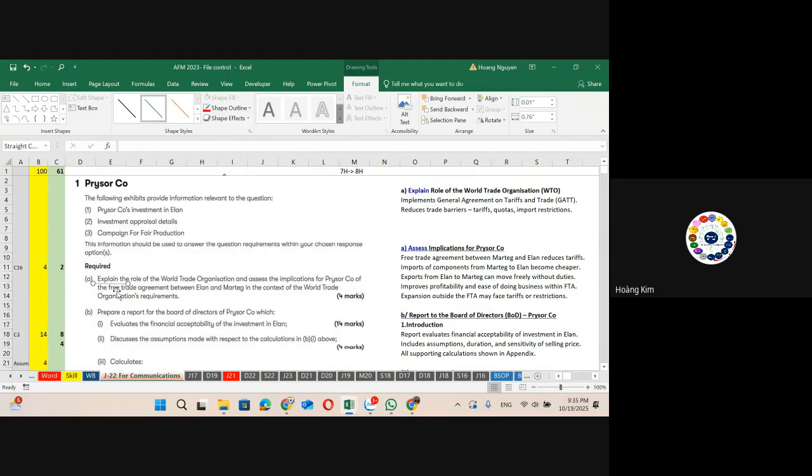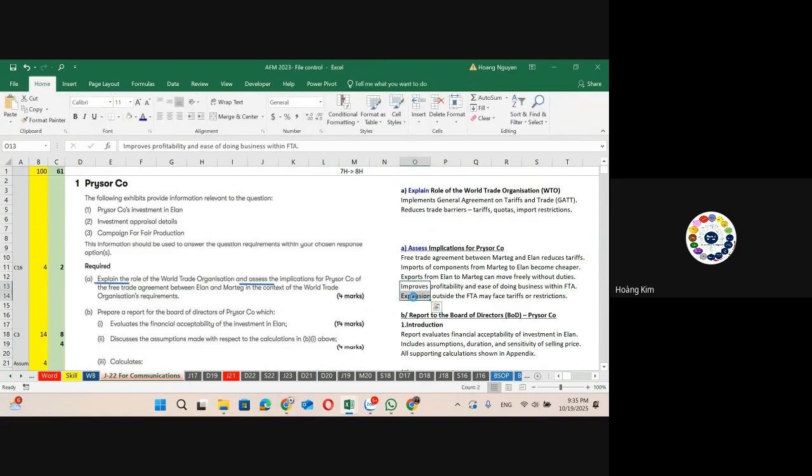So right now in question A, if you read carefully, there are two small questions that ask you to explain and assess something. You calculate for the marks, and you give them short answers, not a lot.